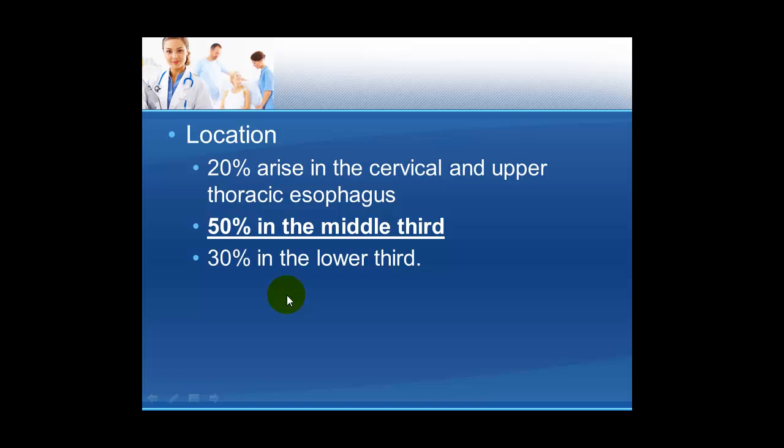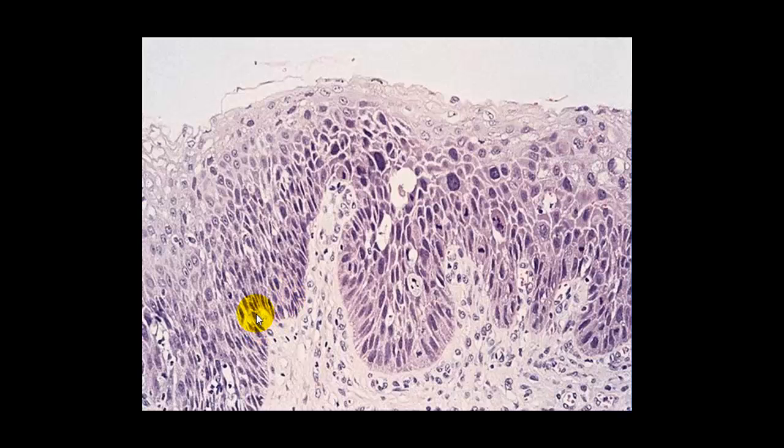Most of the time they are moderate to well differentiated, which means that if you are able to see a few keratin pearls, this is a moderate to well differentiated squamous cell carcinoma.